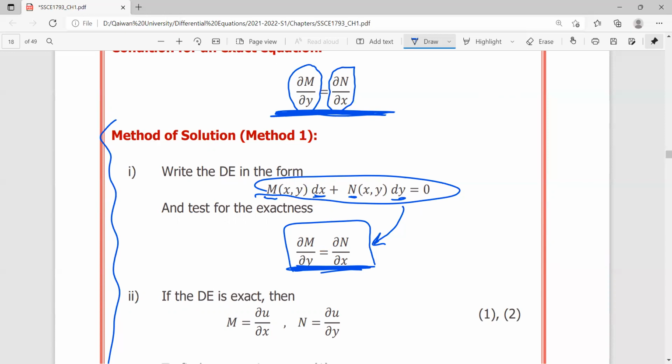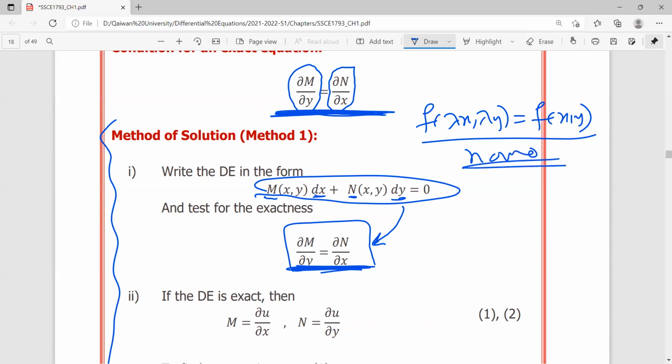That is for testing whether a differential equation is homogeneous or not. But exact is a method. It's a method for solving differential equations.